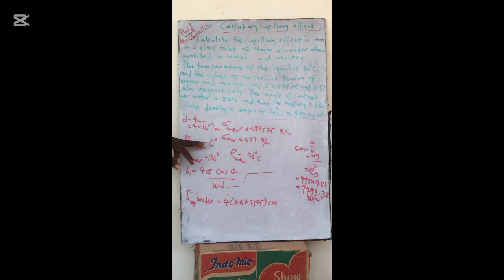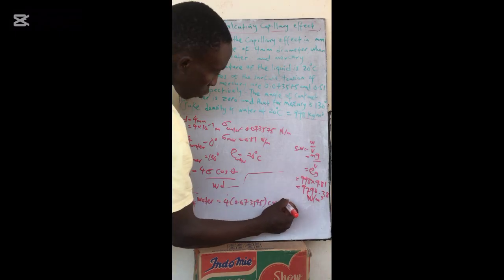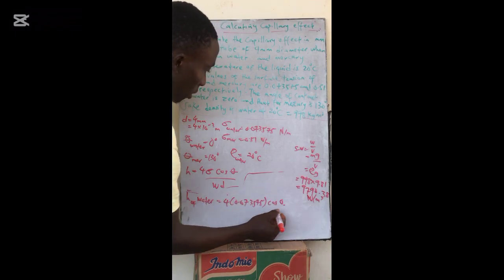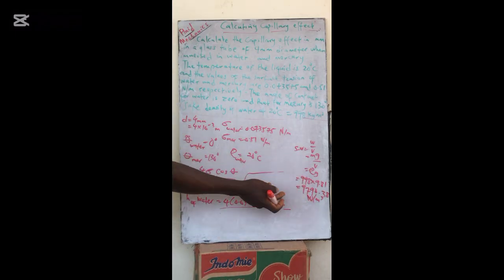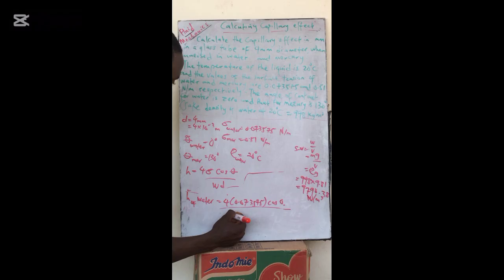The angle of contact for water is 0. So our cos 0 is equal to 1. So our weight here, we calculated before. So we got it as 9790.38, and multiplied by the diameter.